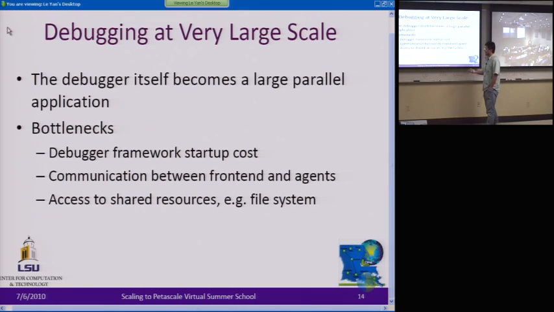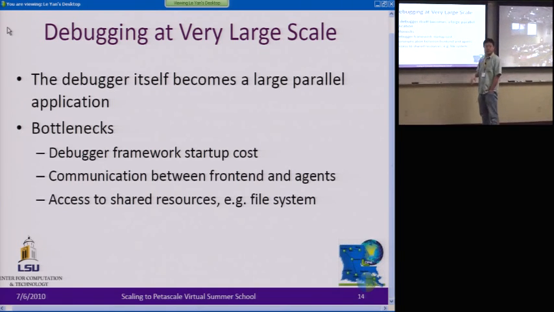Well, if you want to try this, you can try to start a debugging session with say 256 cores, and then let all the processes step from one line to another, and see what happens. It will take quite a while for that to complete.